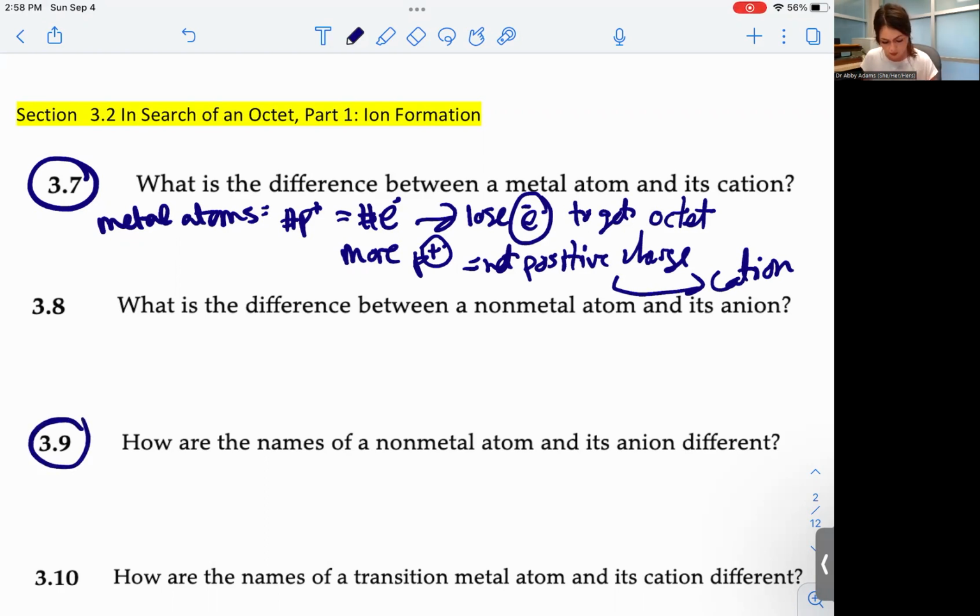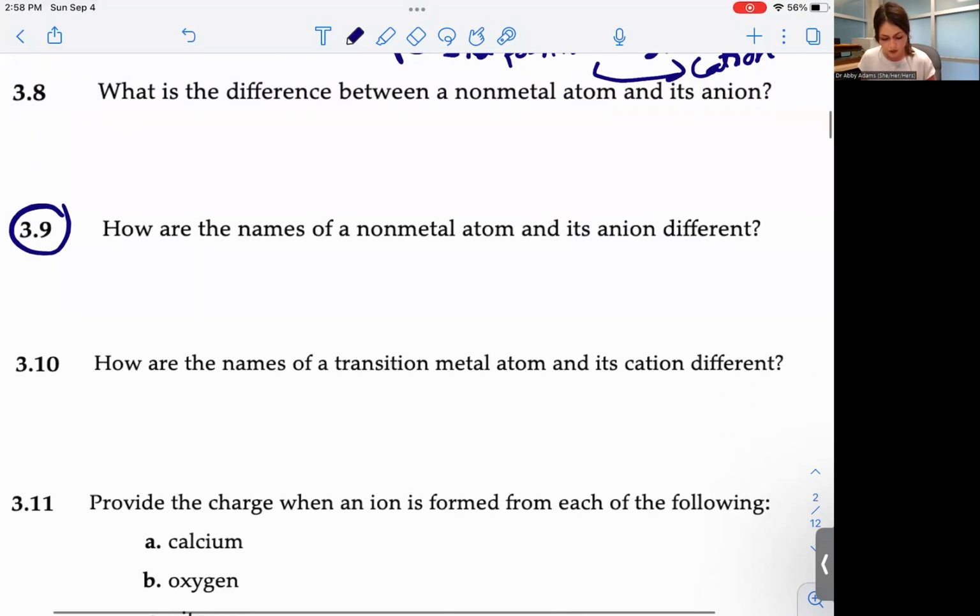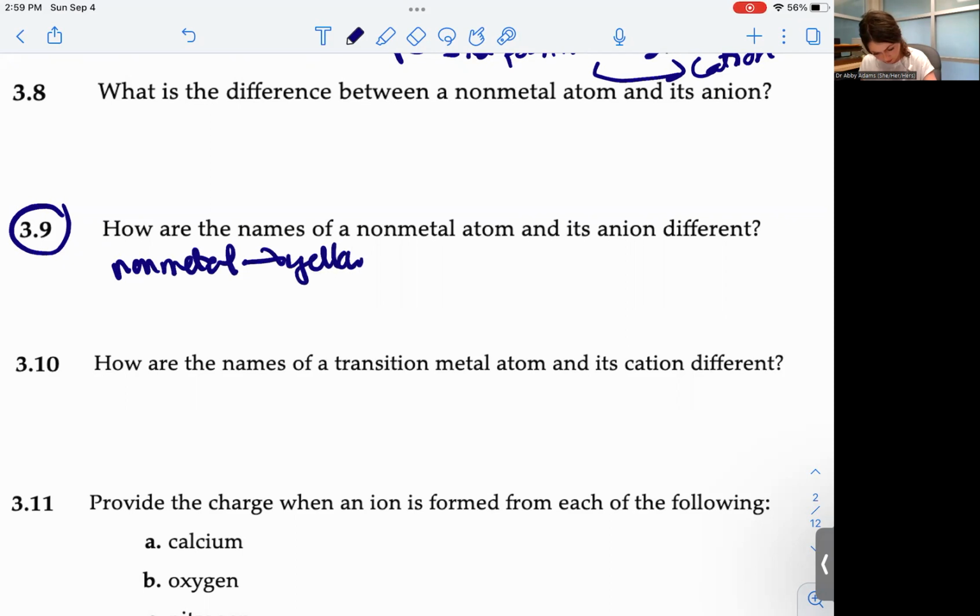Okay, 3.9. How are the names of a non-metal atom and its anion different? Okay, so nonmetals, that's yellow on the periodic table.